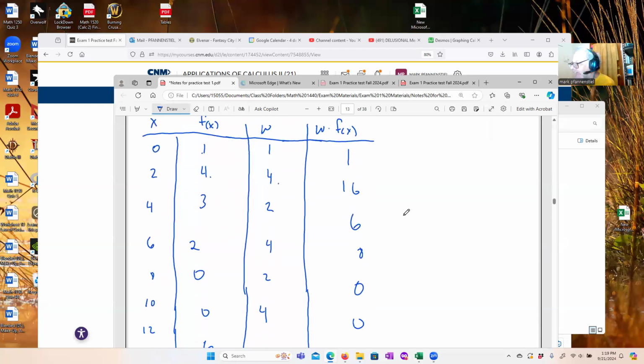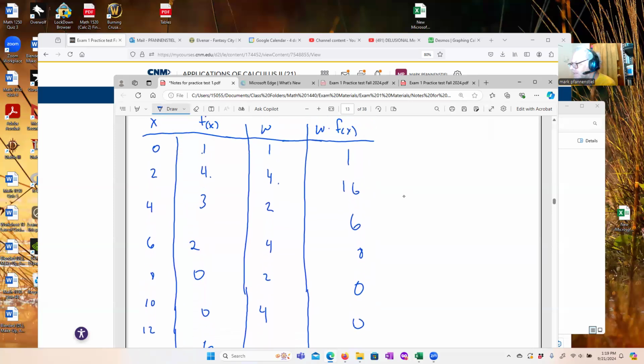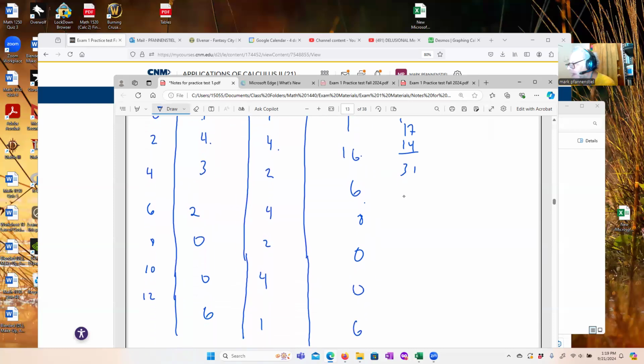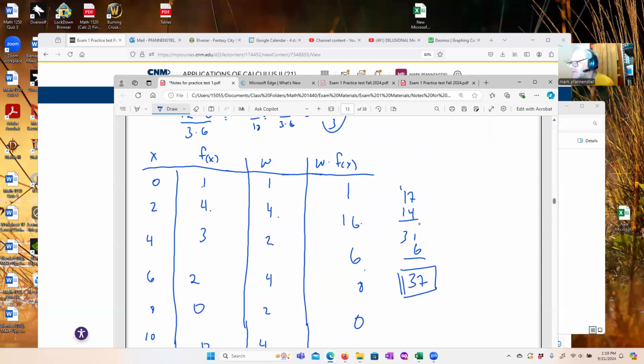So we have to add up these guys right here. 1 and 16 is 17. 8 and 6 is 14, so we have 31 here. We add up a couple of zeros, and we end up with a 6 here, so we end up with 37. That's my sum value.